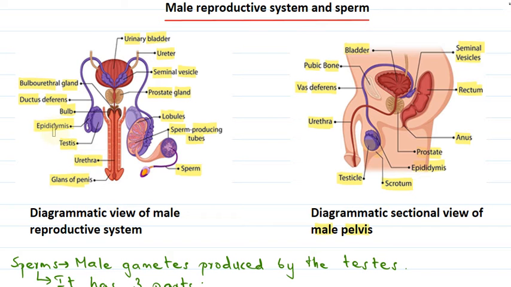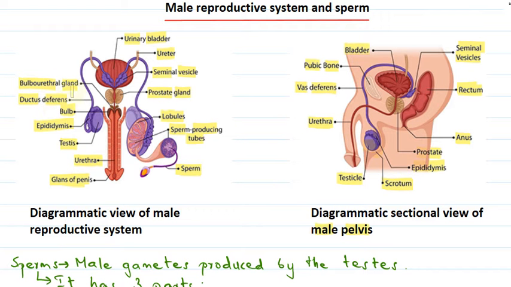Then there is the epididymis, which is the male sex accessory duct that is present behind the testes, that we can see here. Then this bulb is present above the scrotum containing the testicles. Then the ductus deferens, also known as vas deferens, is the male sex accessory duct, and it transports sperms from the epididymis to the urethra.